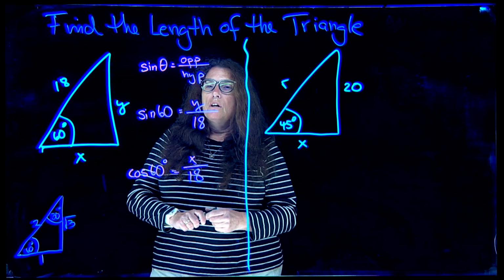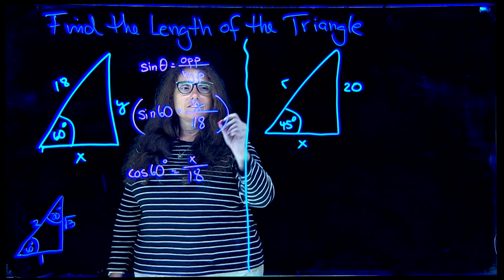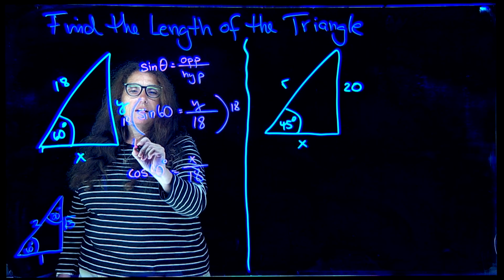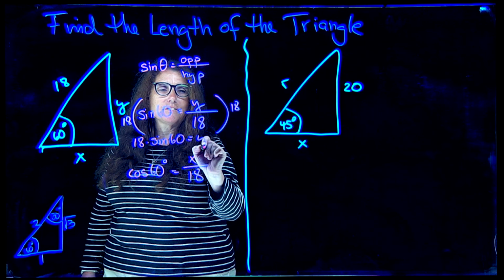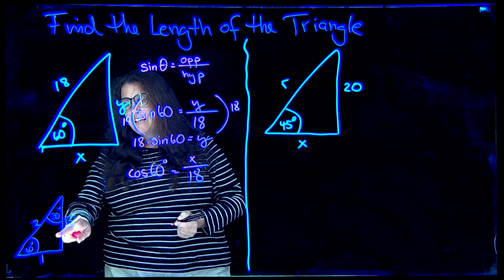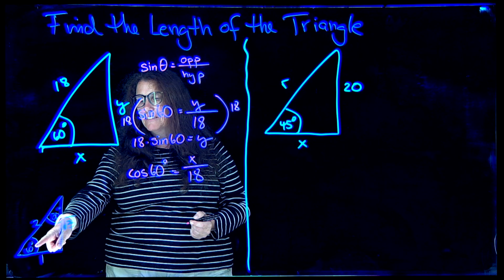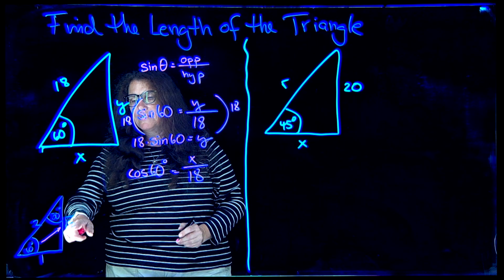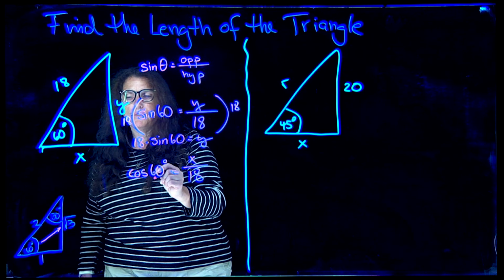Okay, first thing I'm going to do is solve for y, so I'm going to multiply by 18. 18 times the sine of 60 is equal to y. Now, if I look at my special angle relationship for 60 degrees, the side opposite to 60 degrees is the square root of 3 over the hypotenuse, which is 2.